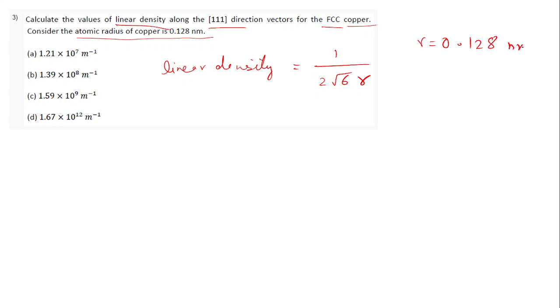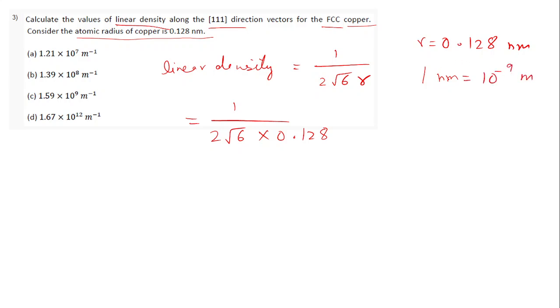Now r is given here, which is 0.128 nanometer. When we put the value of r here, 2 root 6 times 0.128. Now the answers are in per meter, and here it's nanometer. If you don't know, let me tell you, 1 nanometer is 10 to the power minus 9 meter.